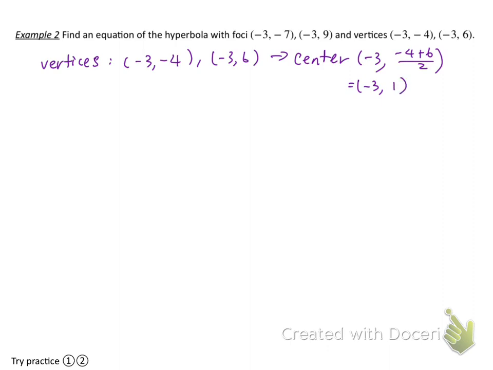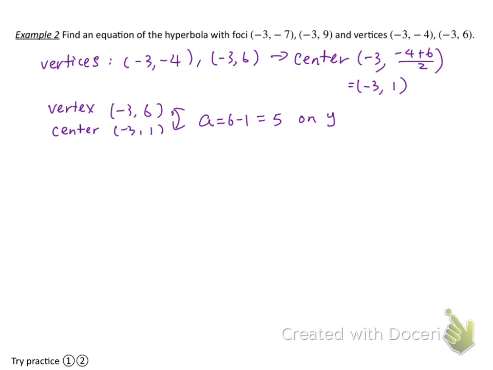So our center happens at (-3, 1). That means you compare the vertex and the center. Comparing them, the distance is 5, and we're doing a hyperbola. So a equals 6 minus 1, which is 5, on y.